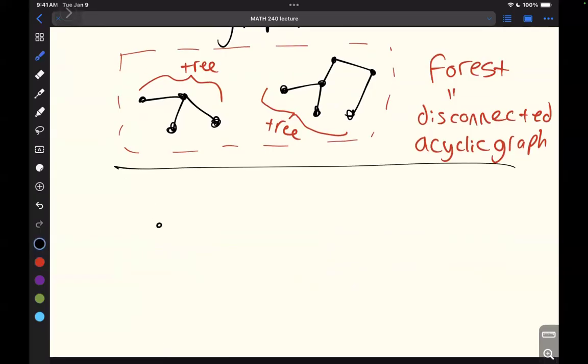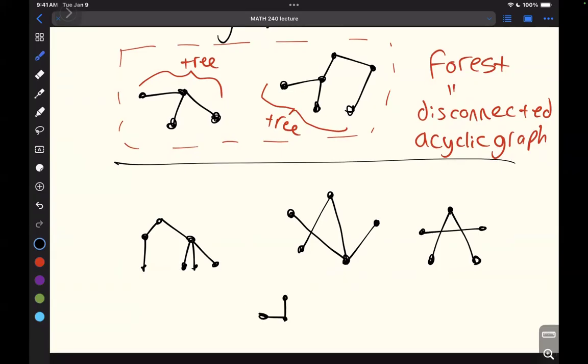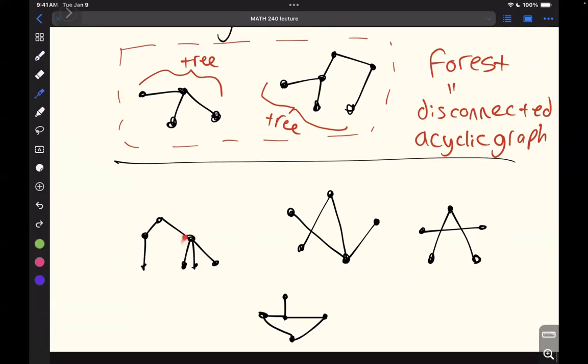Let's look briefly at some examples. All right. Nope. Meant for that to be the other thing. All right. What is this? Yeah. Tree? Yes.